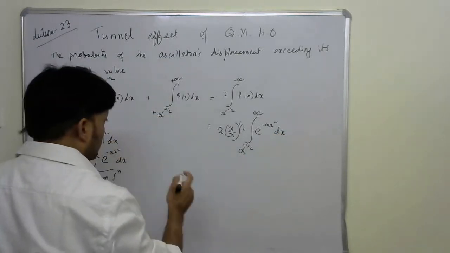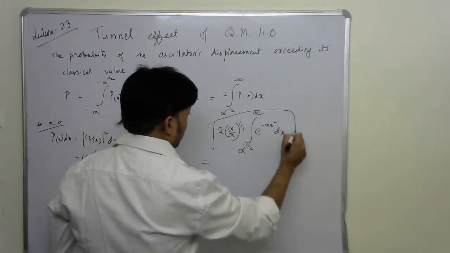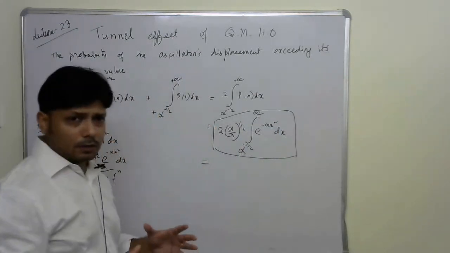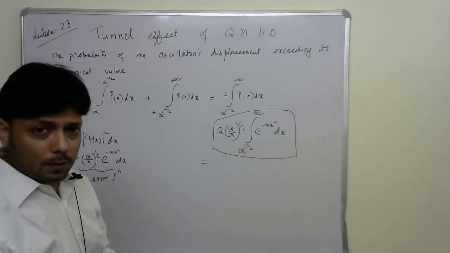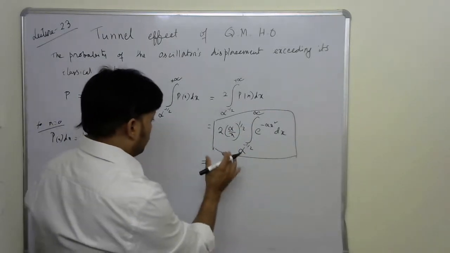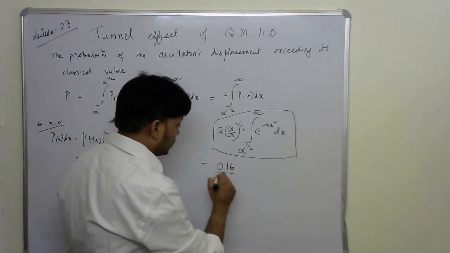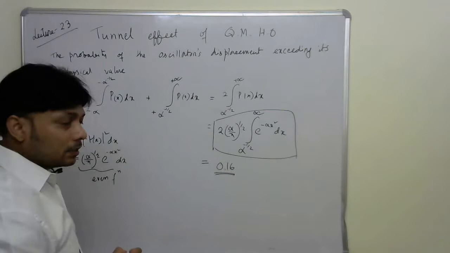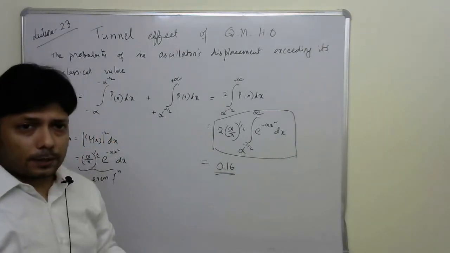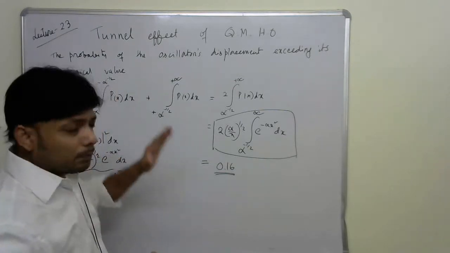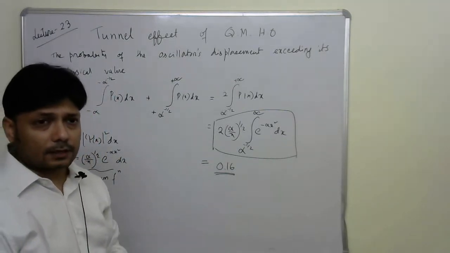This is an integral and there is a certain method to evaluate it. If we evaluate it following the proper method, this would be a finite non-zero value, and it has been calculated to be 0.16. That means there is a finite probability that a quantum mechanical oscillator's displacement can exceed its classical limit.